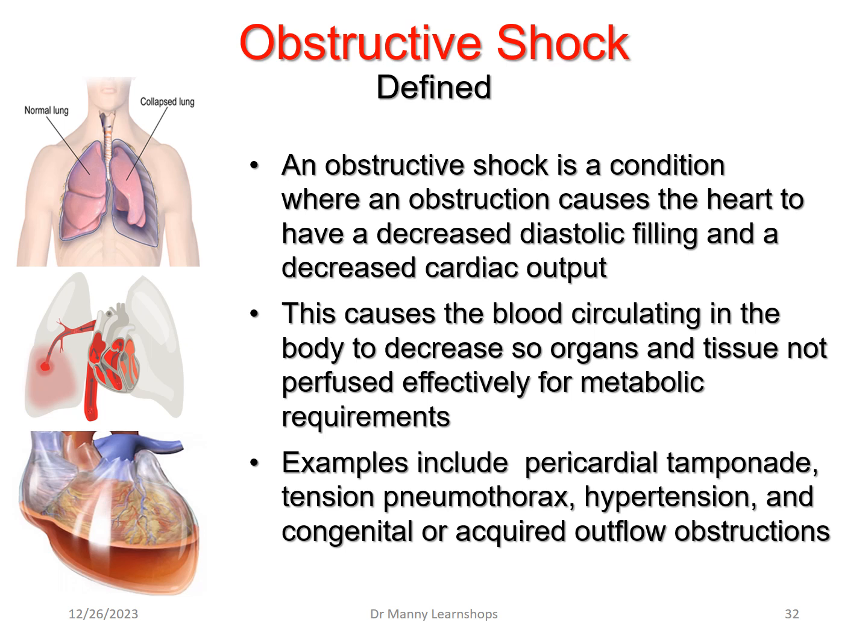So therefore, decreased cardiac output, decreased tissue perfusion, failure to meet metabolic requirements. And as we mentioned previously, this can be in relation to cardiac tamponade, tension pneumothorax, hypertension, any valve problems in the heart, congenital or acquired outflow obstructions, which can be as a result of congenital heart disease.